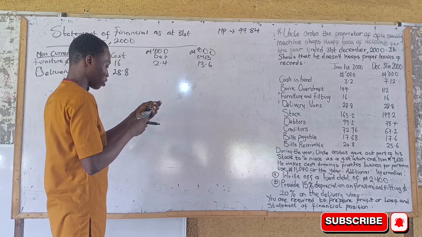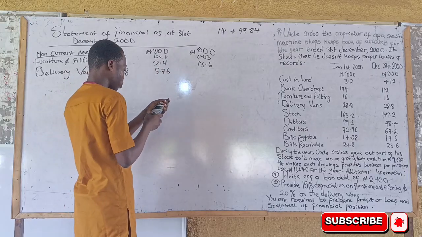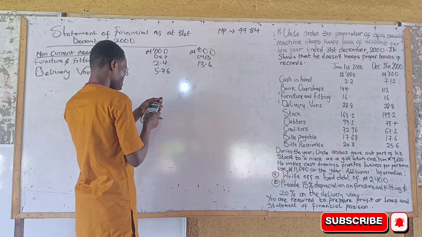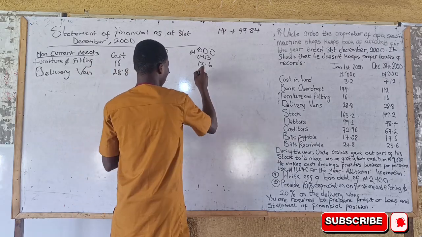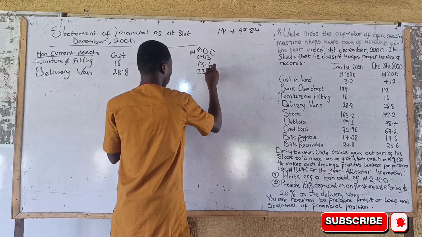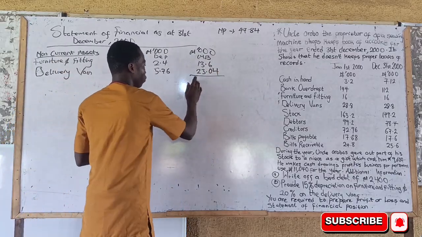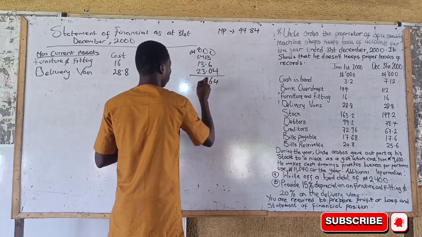We worked it out the other time. That's 5.76. Then when we subtract it, minus 5.76, that's 23.04. So this is the total non-current assets.